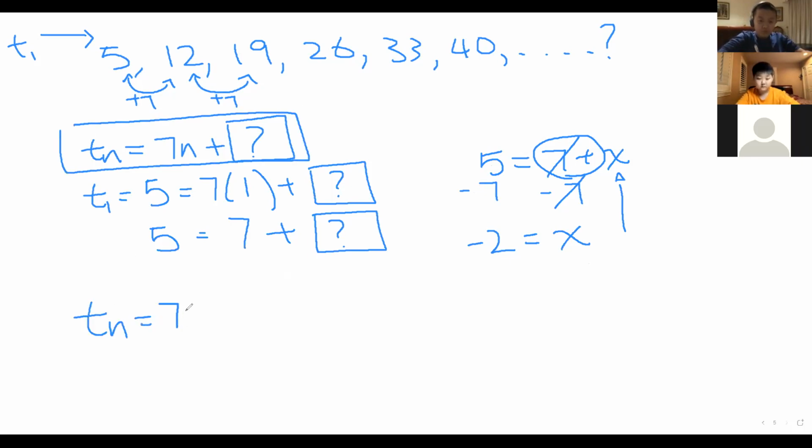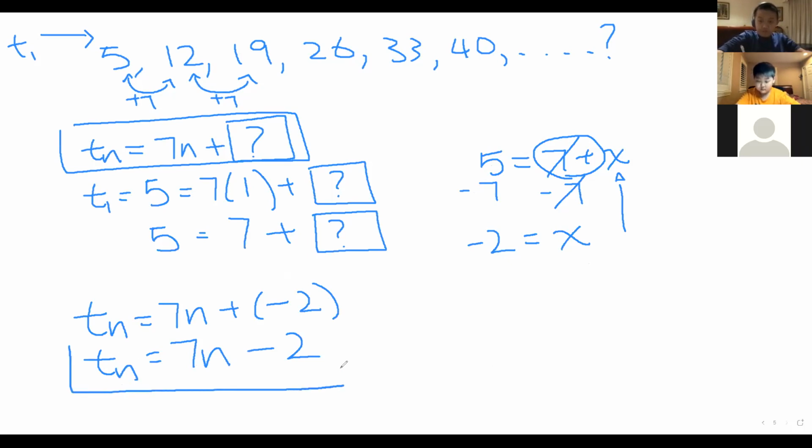Which means this formula now, Tn, is equal to 7n plus -2. We can simplify this even further. If I'm adding a negative number, this is the same as just saying 7n minus 2. This is my expression.